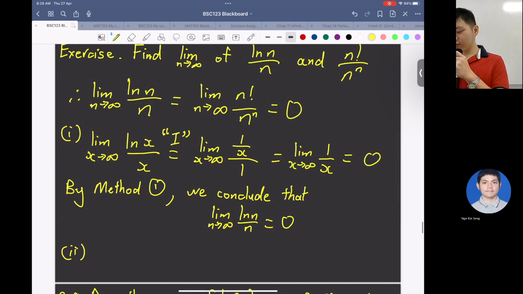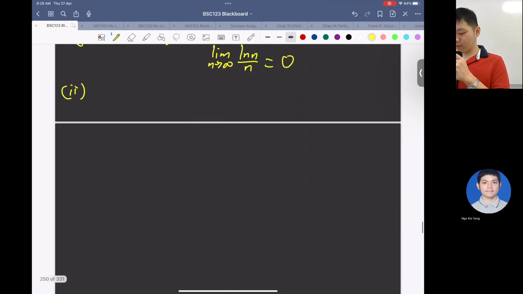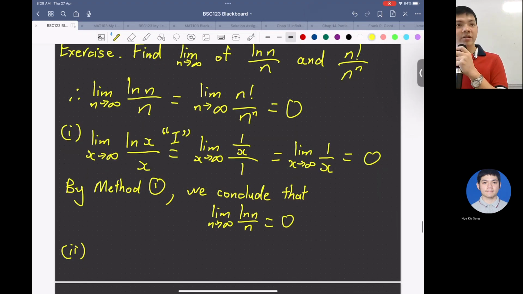What theorem or which method do you use to show it? Squeeze? You use the squeeze theorem. So how do you show it? Define two sequences. What are the two sequences?